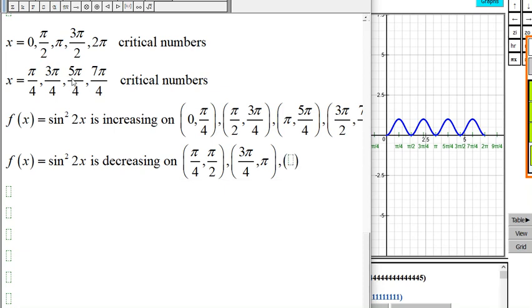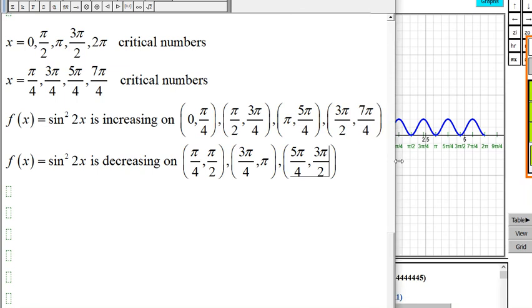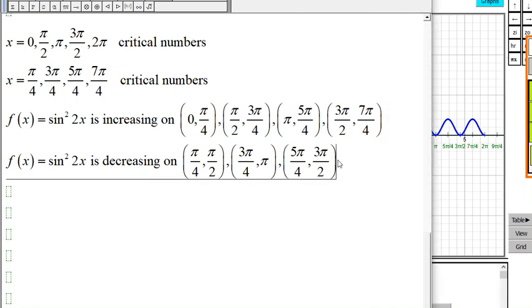And then the next one will be from this number to this number, from 5 pi over 4 to 3 pi over 2. And then the last interval is 7 pi over 4 to 2 pi.